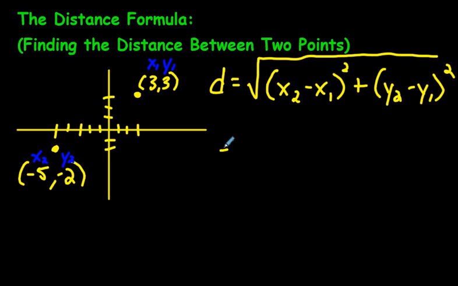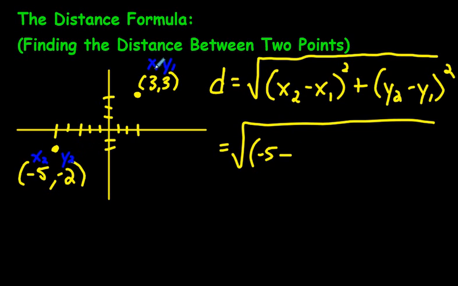Okay? So x2 is right here. It's -5. -5 minus x1 is 3 squared. And y2 minus y1, -2 minus 3. And then square that.